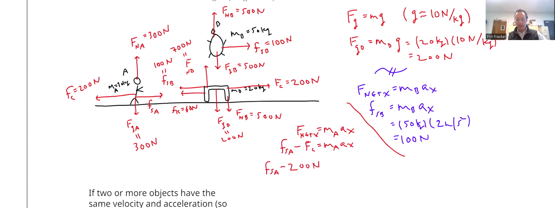And this equals Alice's 30 kilogram mass times her 2 meter per second squared acceleration. Looks like the right side is 60. So the static frictional force minus 200 equals 60. And so the static frictional force on her feet is 260 newtons.